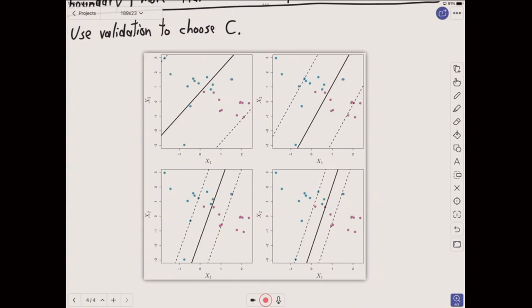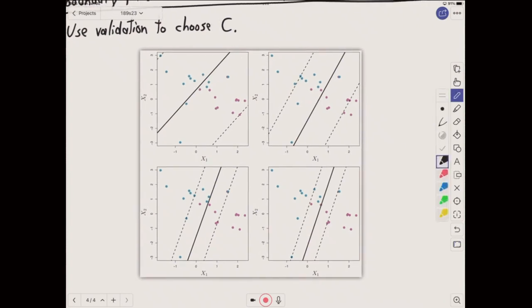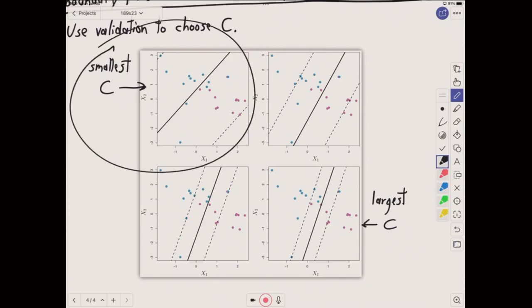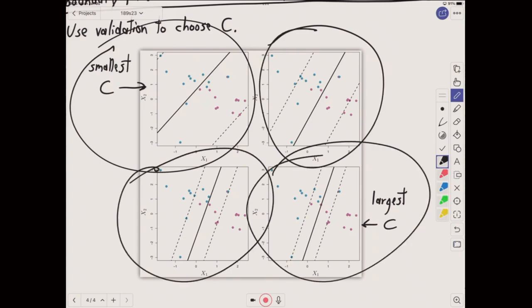What is changing is just the value of C. So the smallest C is at the upper left, and the largest C is at the lower right. And then, well, this is the smallest, then this is getting a little bigger, this is getting a little bigger, and this is the biggest.